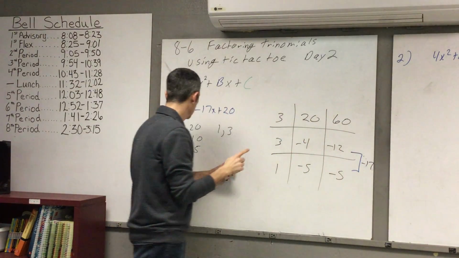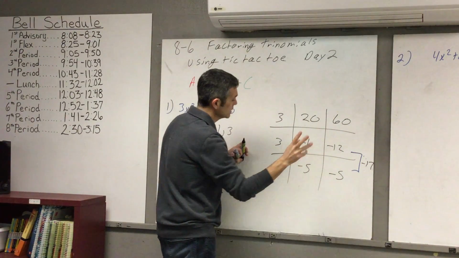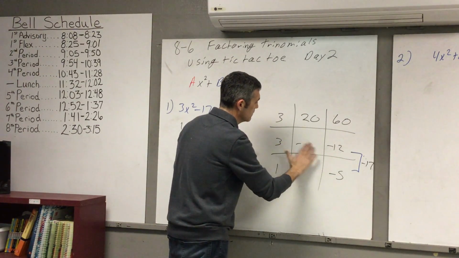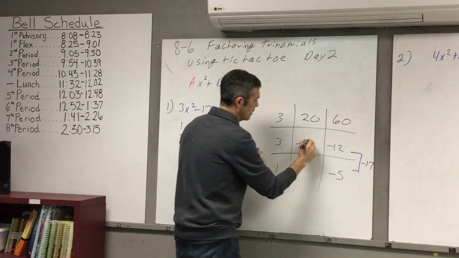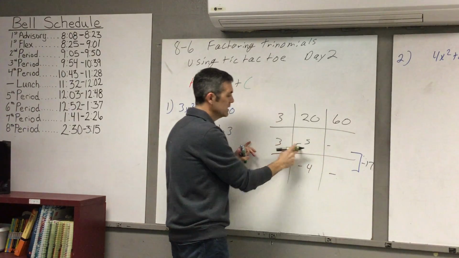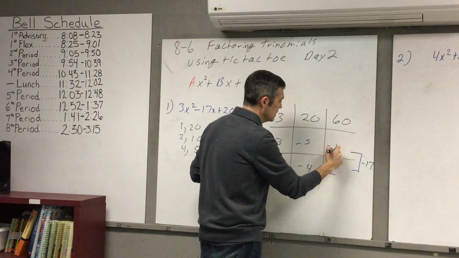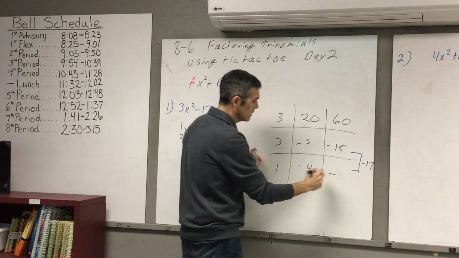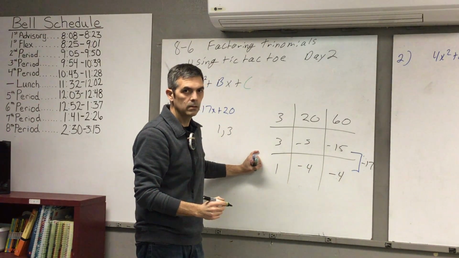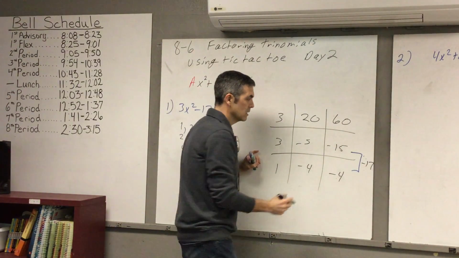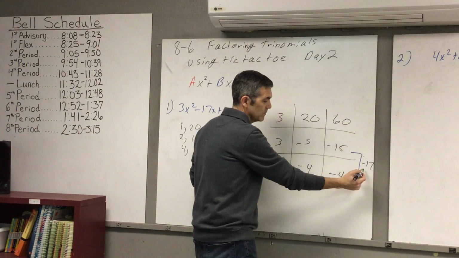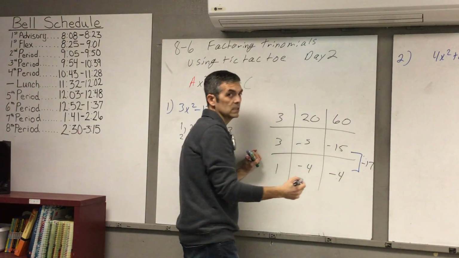Now, one other thing, or actually a couple other things. If I had switched these, watch this. Okay? 5 and 4. 3 times negative 5 gets me negative 15. 1 times negative 4 gets me negative 4. It would not have worked, because negative 15 and negative 4 don't add to get me negative 17.